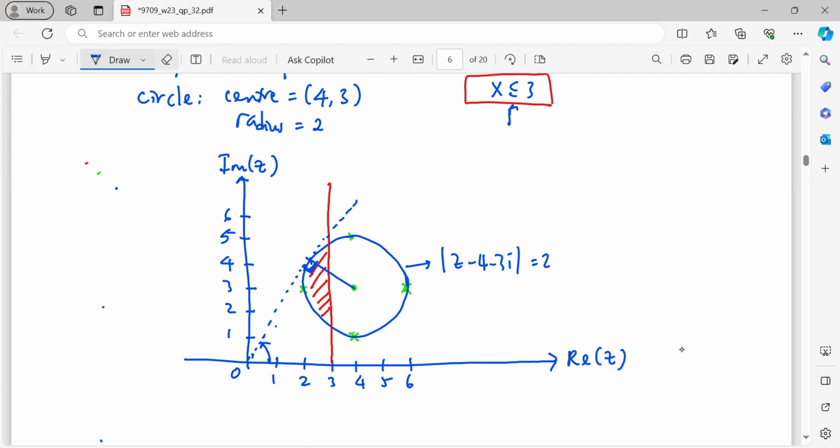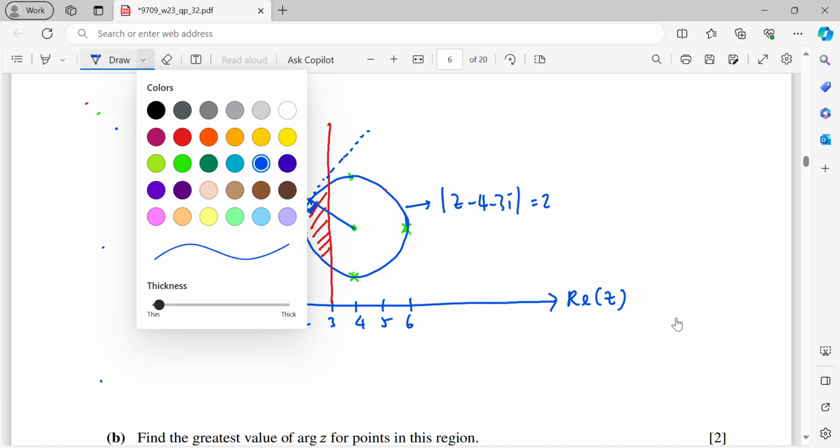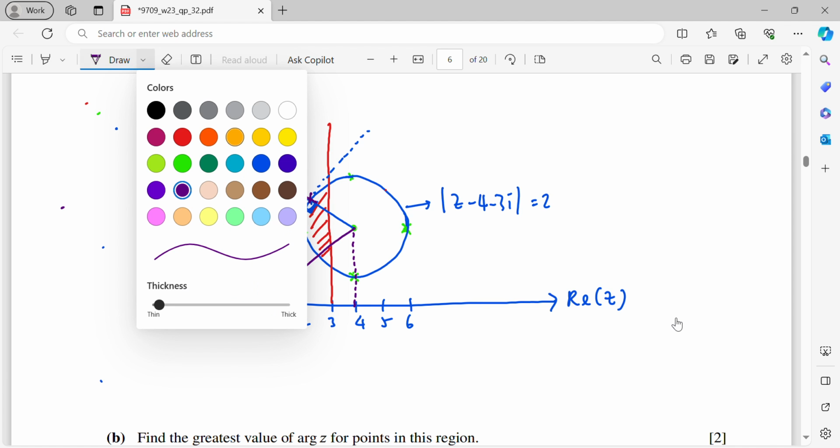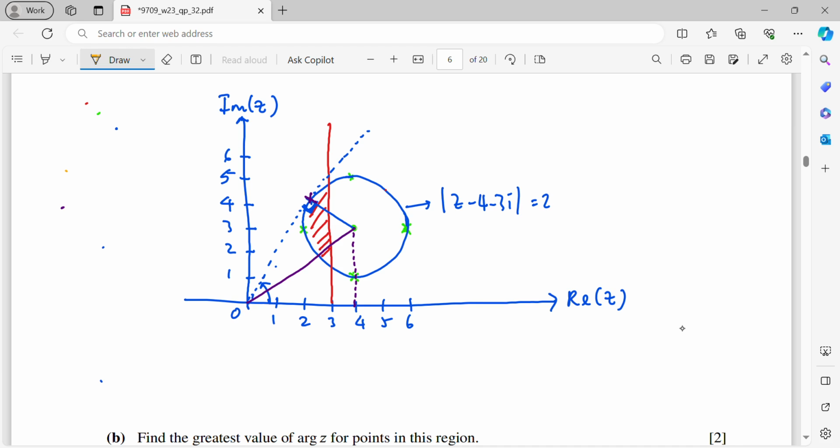To find this angle, I do not know the coordinates of this point, so I split it into two parts. From here we know that this is 3 units, this is 4, and this must be 90 degrees.